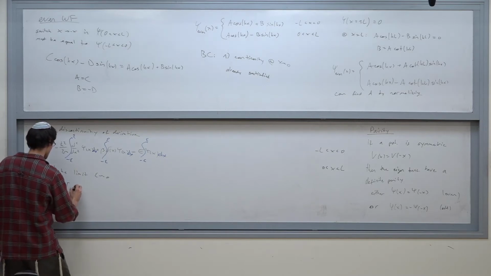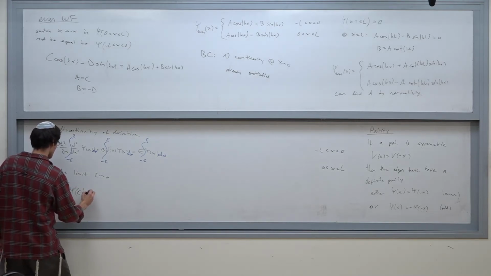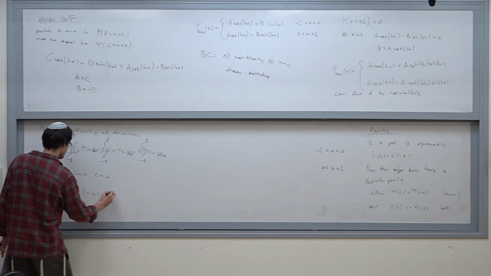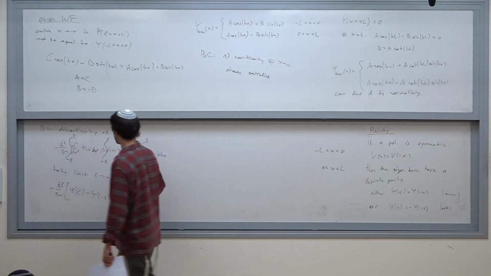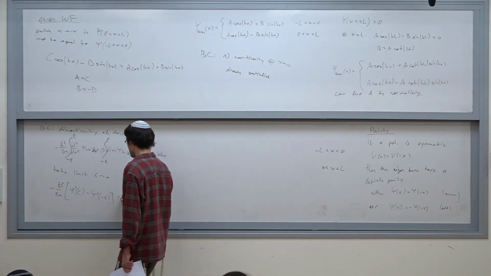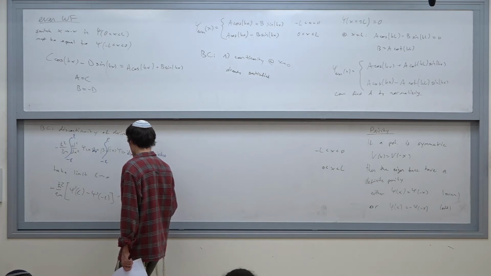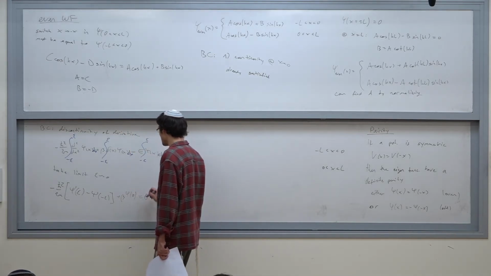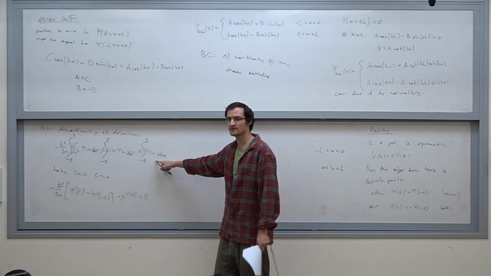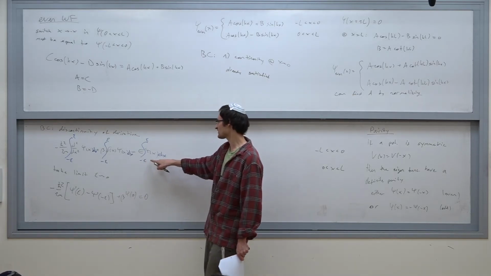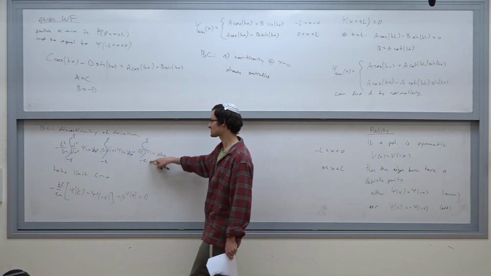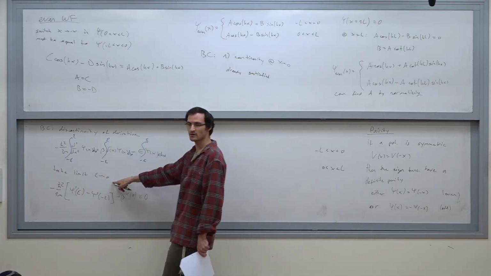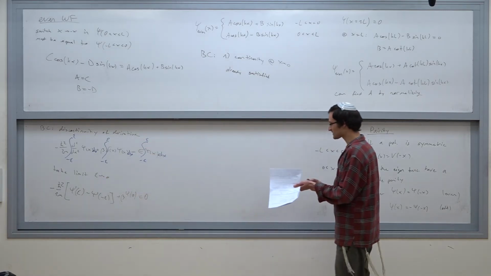So we get psi prime at epsilon minus psi prime at minus epsilon. The integral over the delta function just picks out the value of psi at x equals 0. And on the right-hand side we get 0, because the integral of a continuous function is continuous and we're evaluating it at the same point in the limit epsilon goes to 0. So it's always a 0.